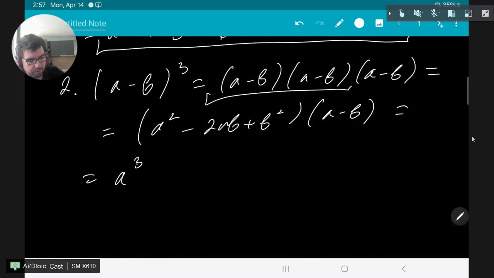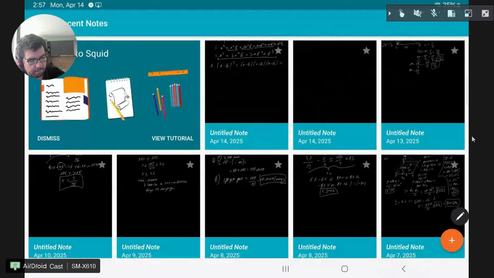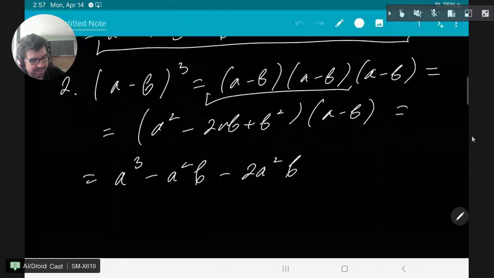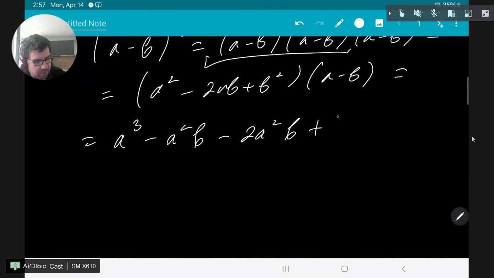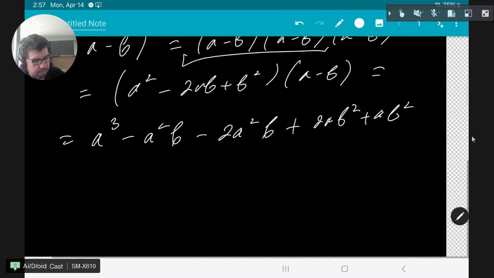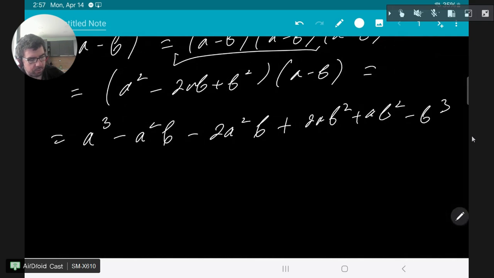A to the power of 3 minus a squared b, minus 2a squared b, plus 2ab squared, plus ab squared, and then at the end I get minus b to the power of 3.